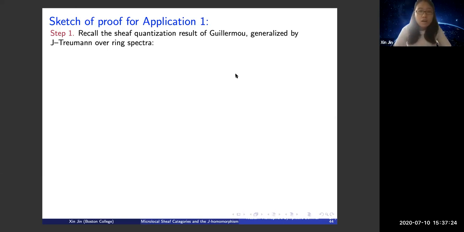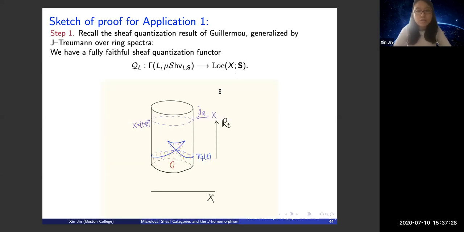Step one is the sheaf quantization result of Guillermou, generalized by previous joint work with Truman over ring spectra. The sheaf quantization is a fully faithful functor. This is the content of the theorem.